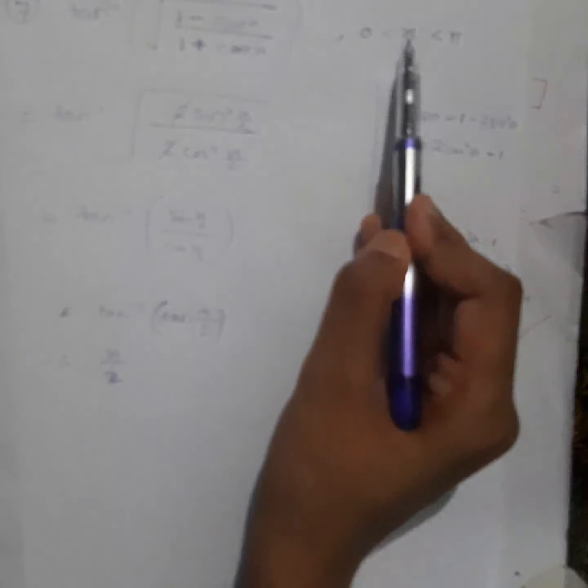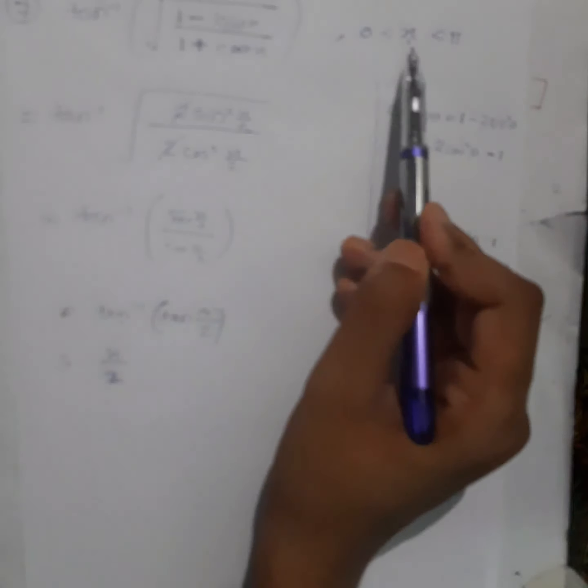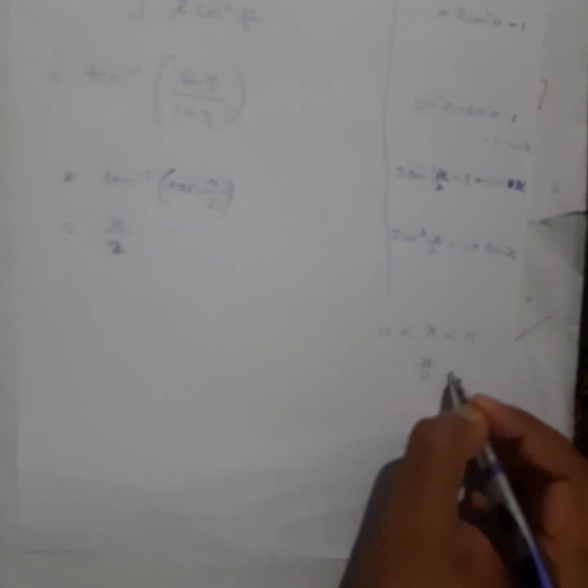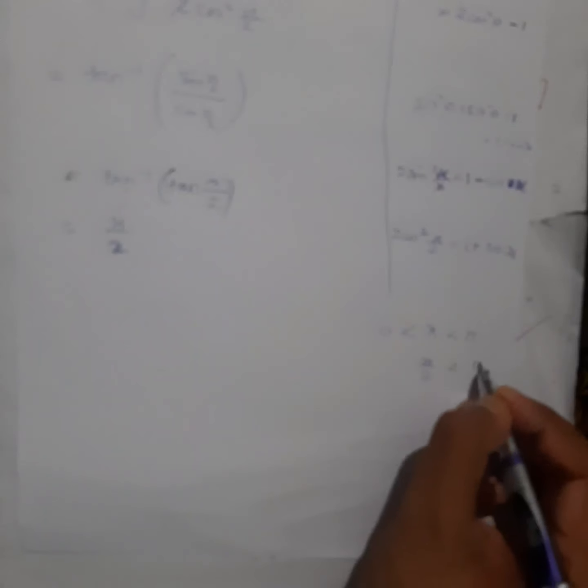Here it says this inverse will exist when x lies between 0 to pi, right? Now x by 2, will it lie between 0 to pi or not? Obviously, x lies between 0 to pi. Divide by 2 both sides. 0 by 2 is 0.